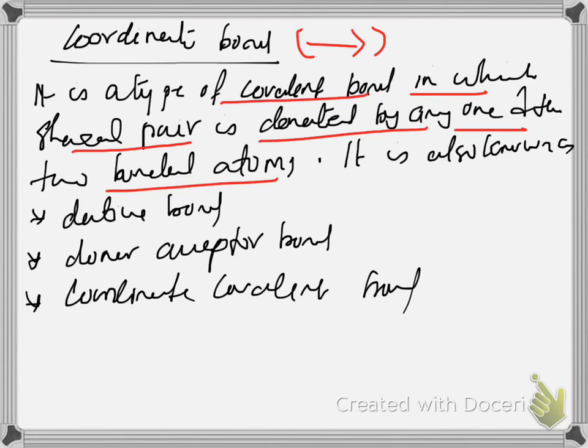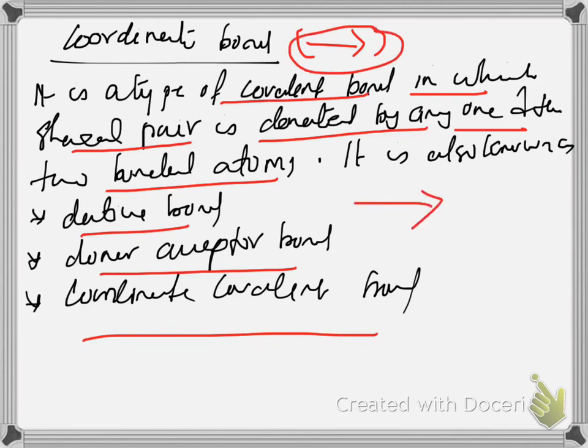This bond is also known as a dative bond, donor-acceptor bond, or coordinate covalent bond. These are other names, and it can be represented by an arrow mark like this.